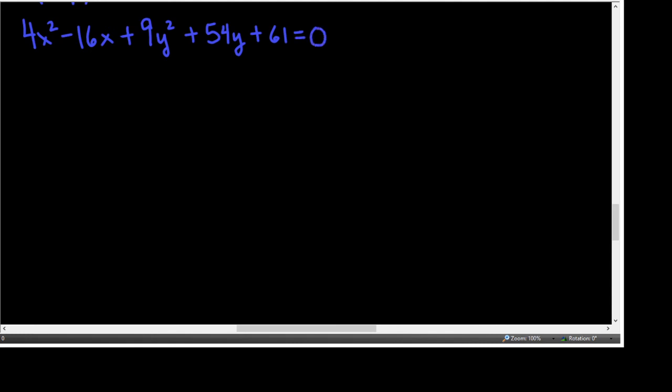All right, so you notice the standard form had that x minus h squared over r sub x squared, etc. To get it in that form, we're going to have to complete the square.